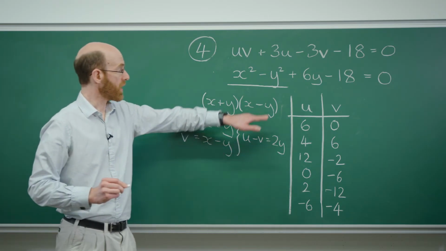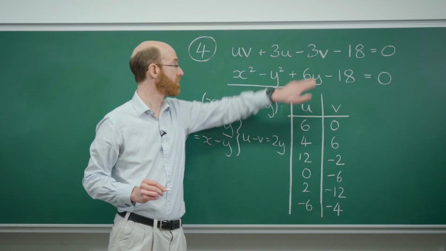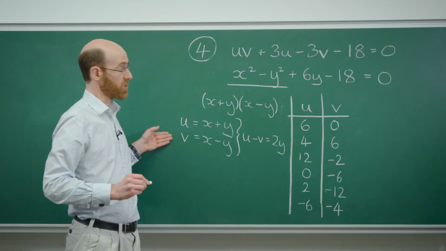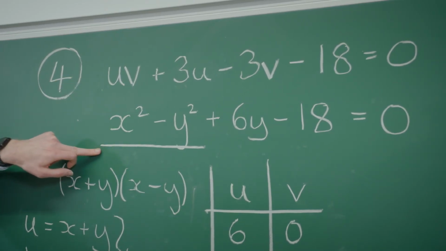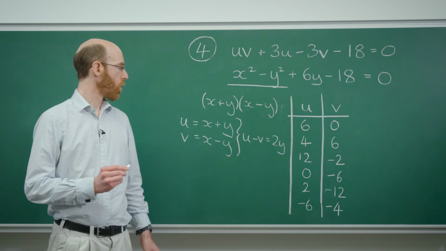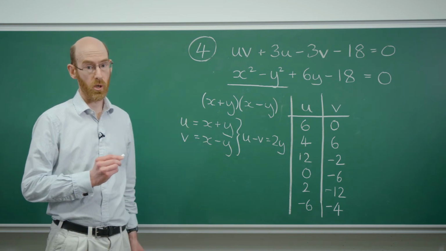And then we have 6y would be 3u minus 3v. And this substitution shows that these two equations are now equivalent. We can now write x in terms of u and v.